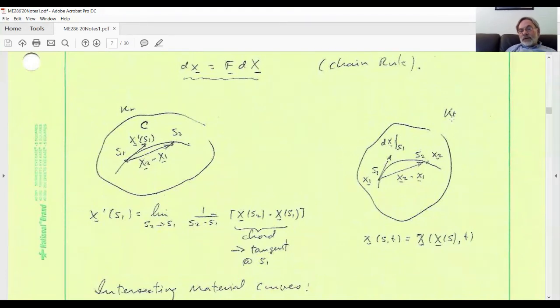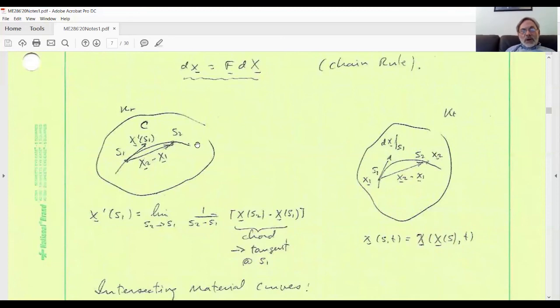After deformation in the current configuration at time t, we have a similar idea. This is the deformed position of this point at S1. This small x2 is the deformed position of this point.